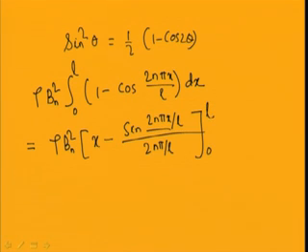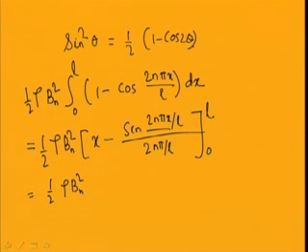Now substitute x equal to L. There is a half term here, as sin square theta equals half of 1 minus cos 2 theta, so this is half rho B n square. The value of sin 2 n pi x by L at x equal to L is sin 2 n pi, which equals 0. Similarly, when x equal to 0, sin 0 equals 0.